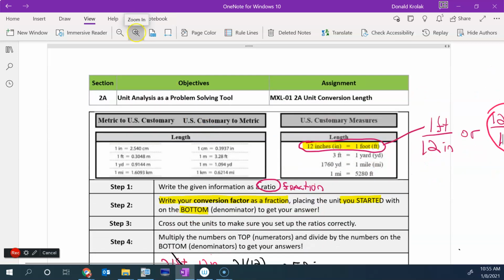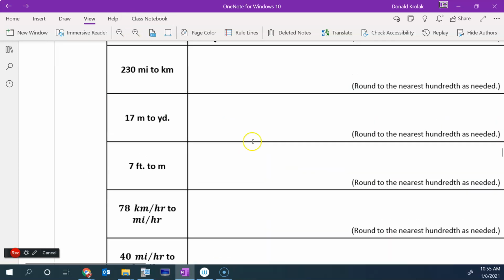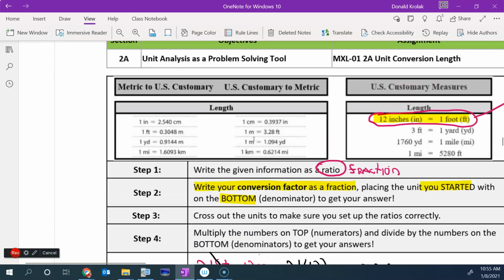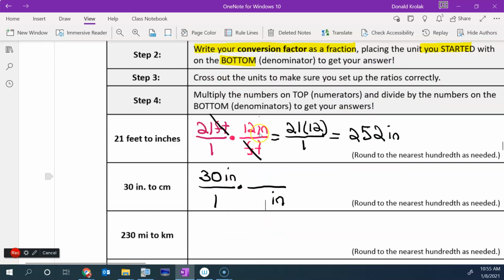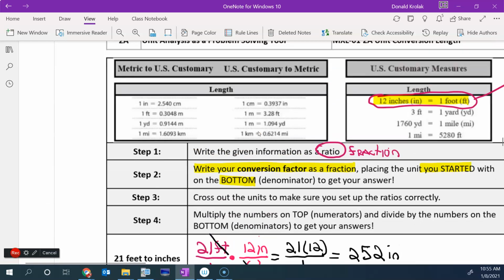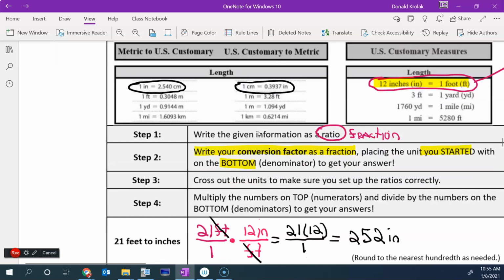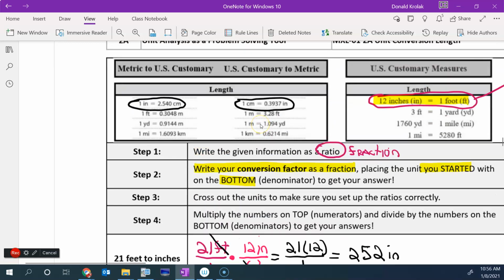All right. Now, here's your inches to centimeters. There's this one right here, and there's this one. Okay, it really doesn't matter which one you use as long as you put the inch value in the correct space. All right, so I could use the 1 over this.